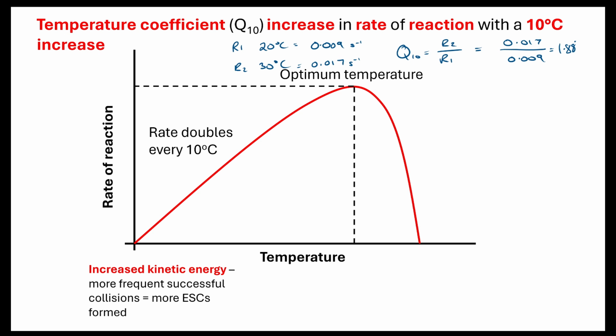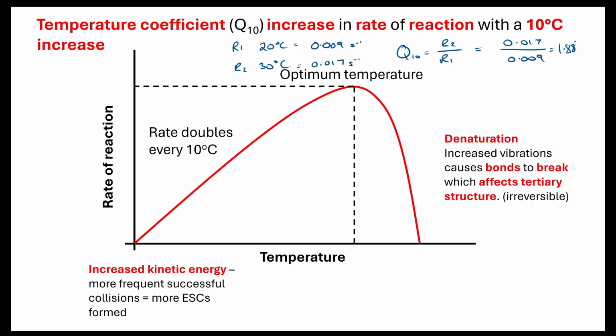But if we surpass the optimum temperature, if we go too high and we keep increasing the temperature, what will happen is what's known as denaturation. If we're increasing the temperature, we're increasing the kinetic energy, therefore we're increasing the vibrations in between the bonds which are holding the tertiary structure of the enzyme together.